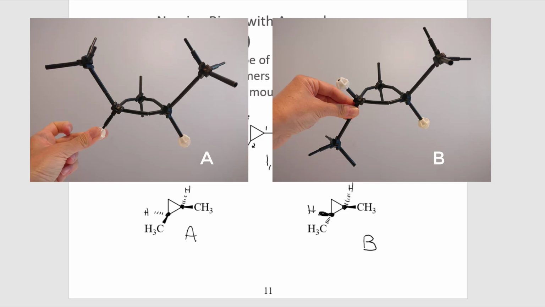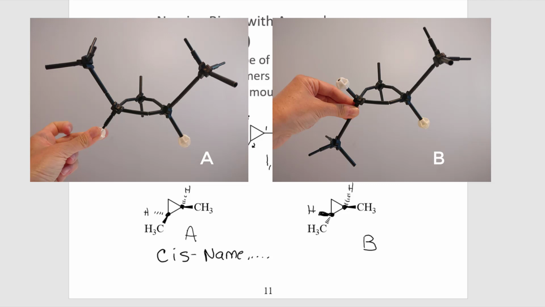If the two substituents are on the same side, both up or both back, this is a cis configuration. So you would have cis and then the name of the molecule, which we just named above: cis-1,2-dimethylcyclopropane.